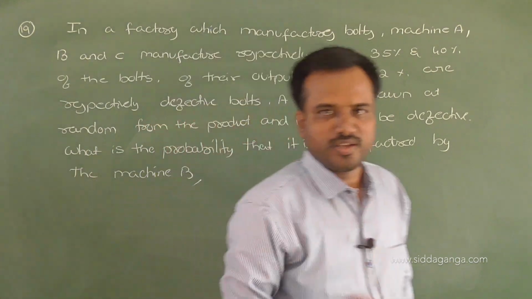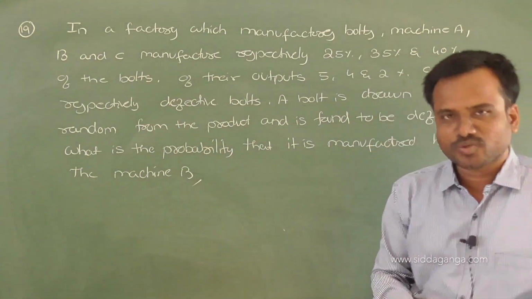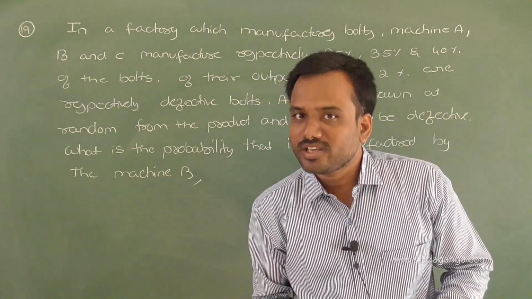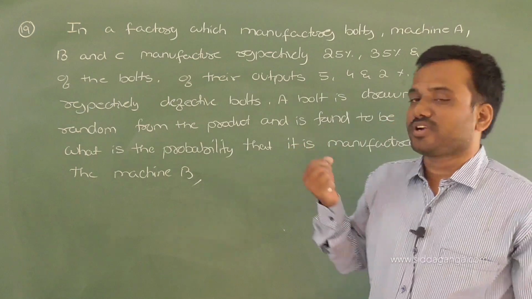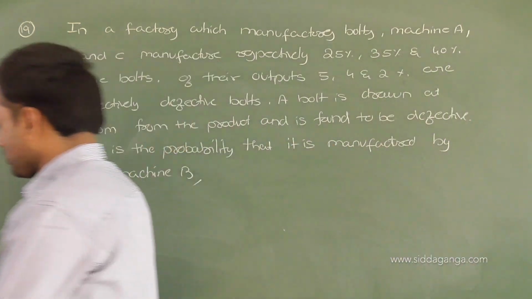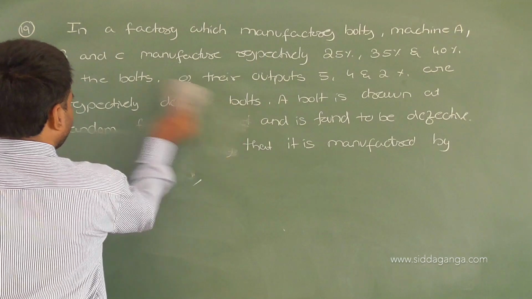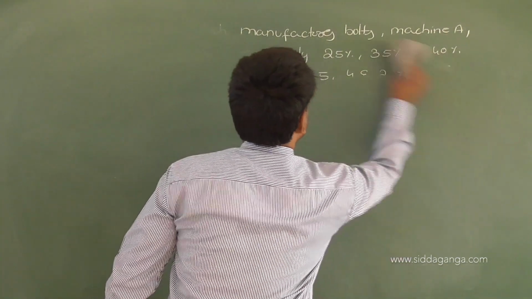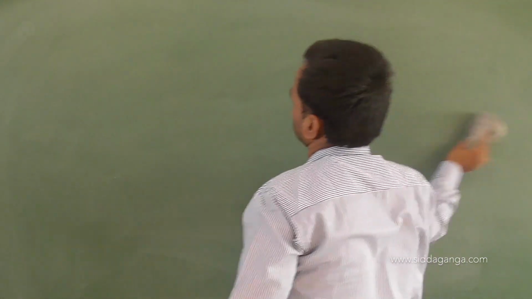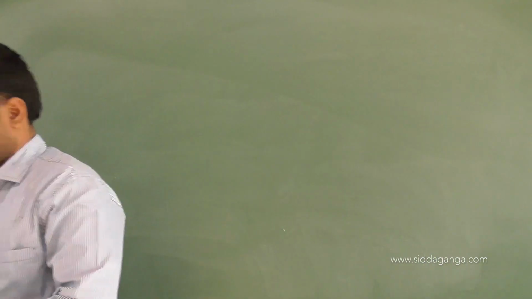Machine A we treat as E1, machine B as E2 and machine C as E3. Event A is a defective bolt. This is also a very important problem.